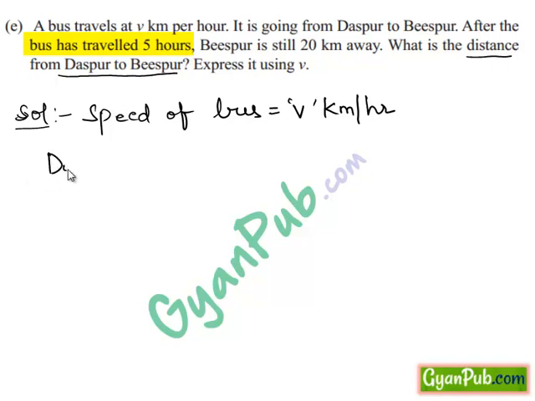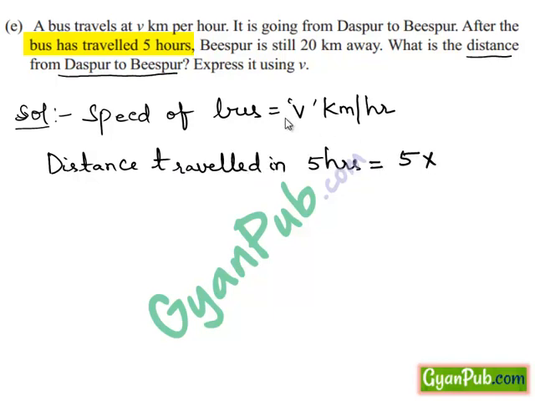So the distance travelled in 5 hours is equal to 5 into the speed of the bus, v km/h. So the distance travelled in 5 hours is 5v kilometers.